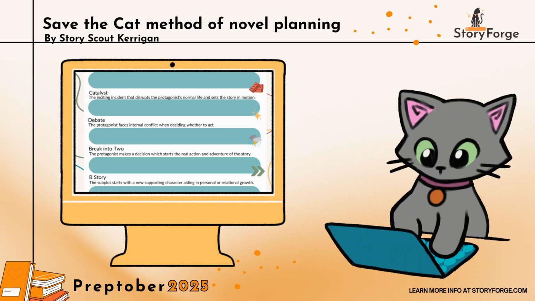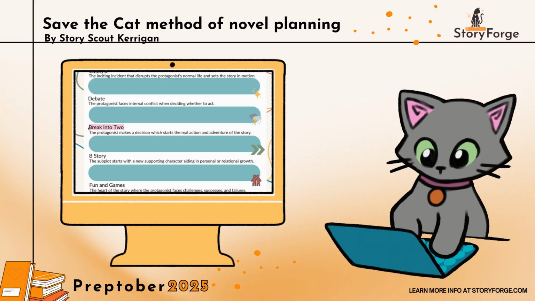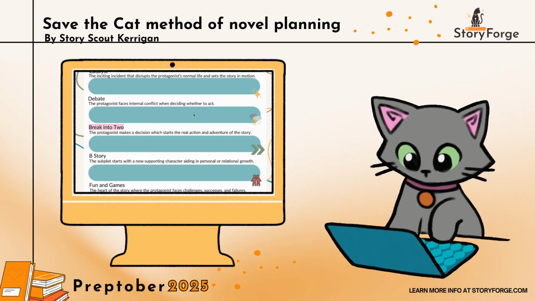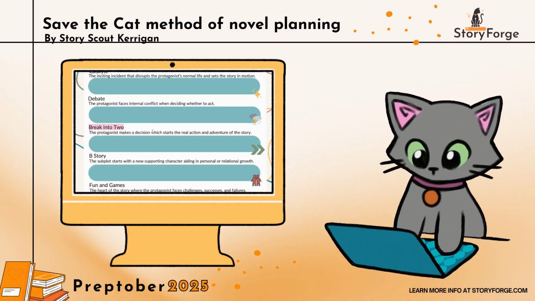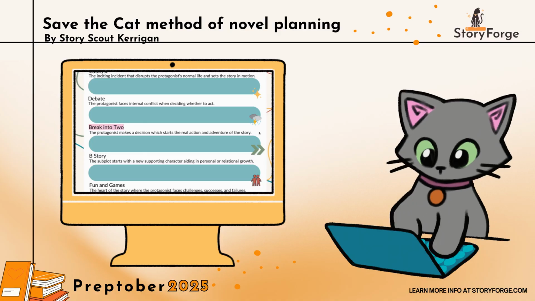So let's talk about the break into two now, because I think you can see that these all lead into each other and are connected. So once they have that internal conflict, deciding what to do is really where the action and the adventure of the story are starting.